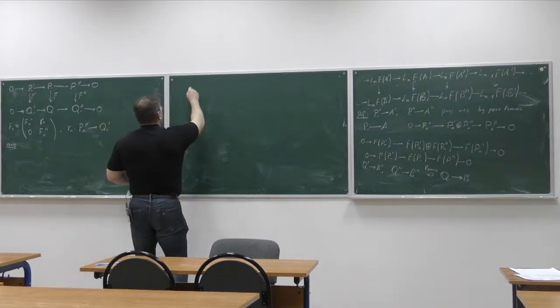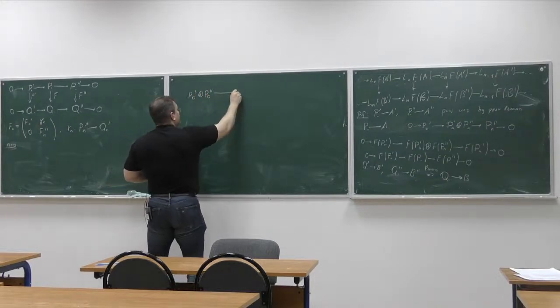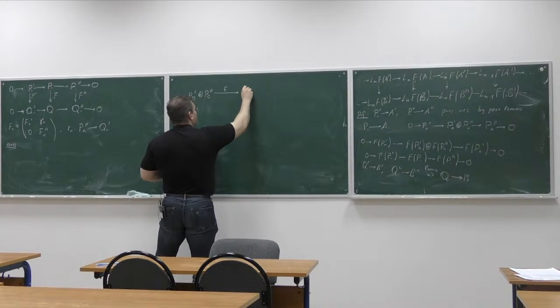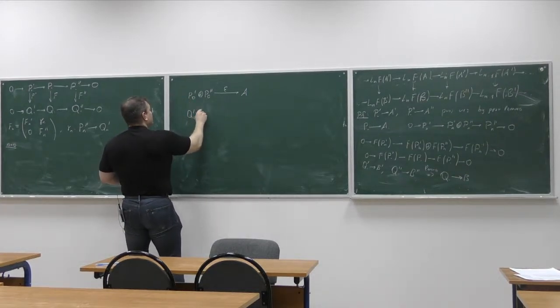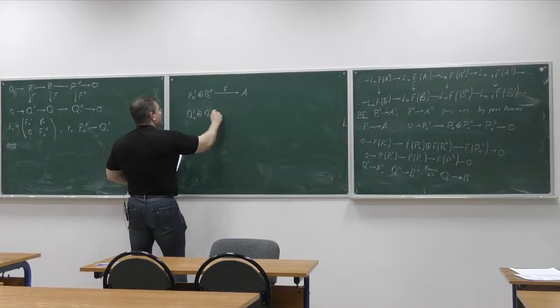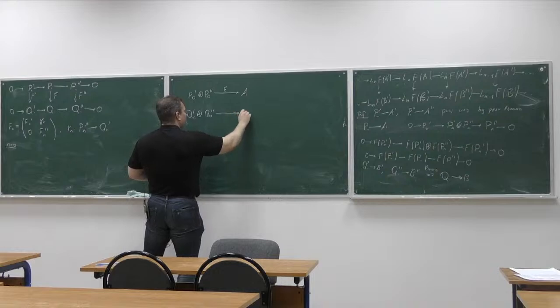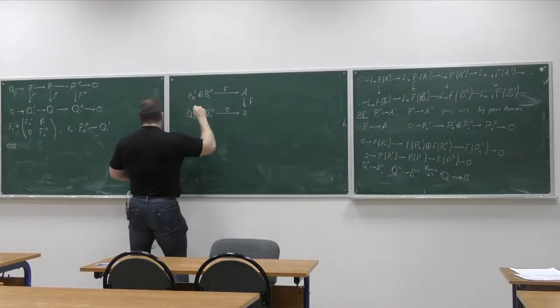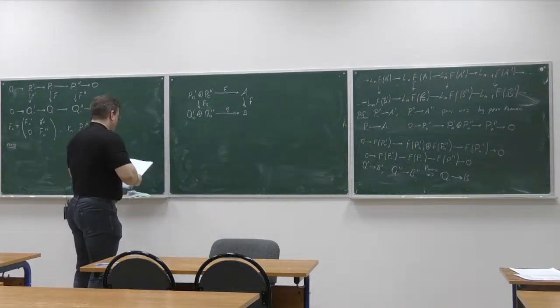Well, here I have P0 prime direct sum with P0 double prime, the augmentation map epsilon to the A, and then there is Q0 prime plus Q0 double prime. Let's call the augmentation map to the B eta. So here this is map F, and here the map of S is F0.